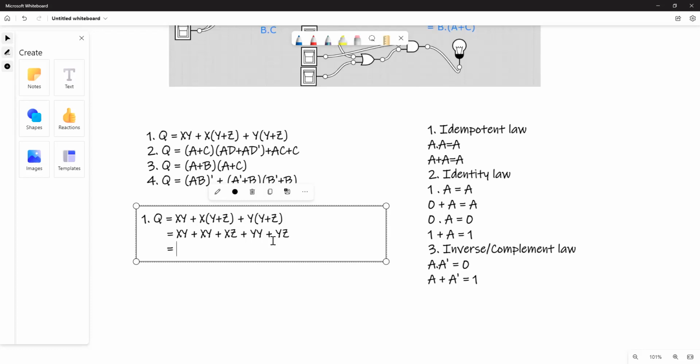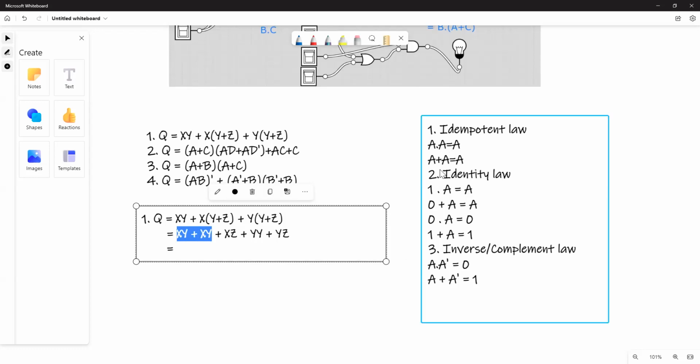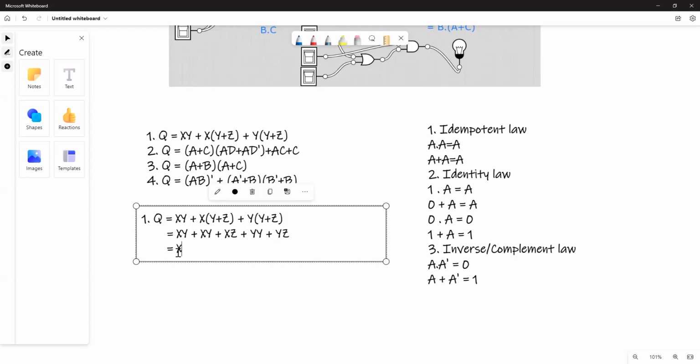Now we'll try to simplify what we have. Now, when you're simplifying, you have to see what you have right now, right? For example, here we have XY plus XY. It's like A plus A. Idempotent law, we say A plus A means A, right? So similarly, XY plus XY means XY, right?